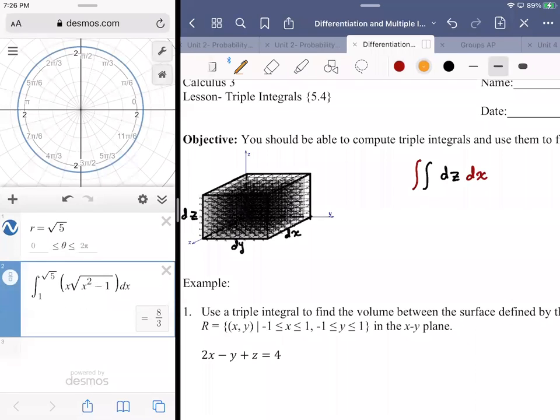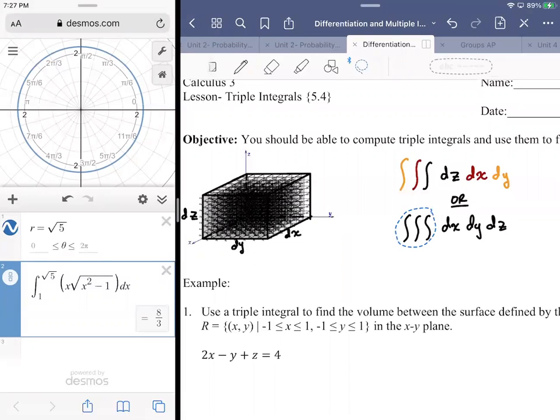And then once we have that two-dimensional rectangle in the x and z direction, we take those rectangles and span those out in the y direction.